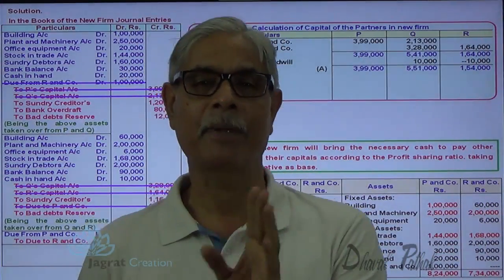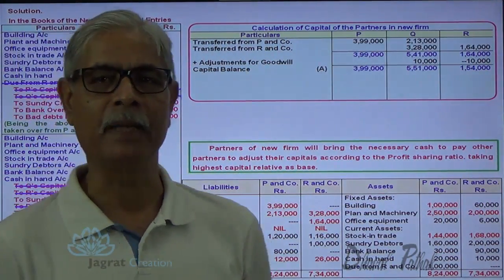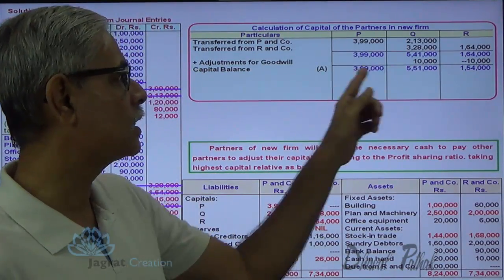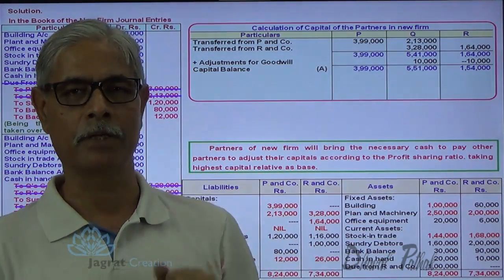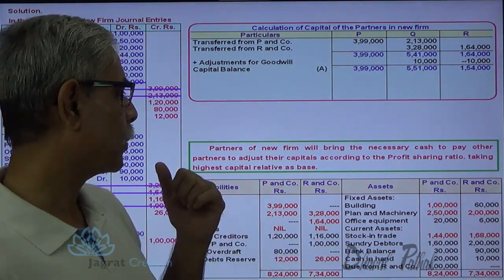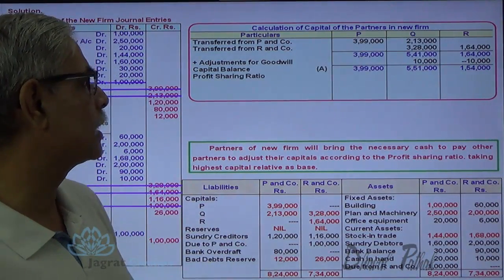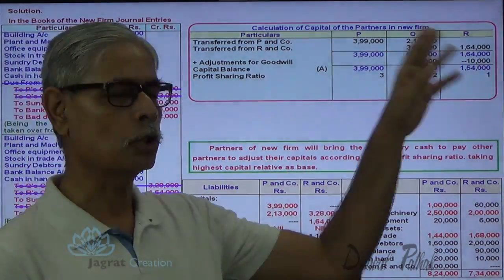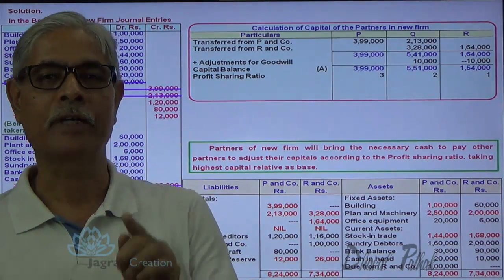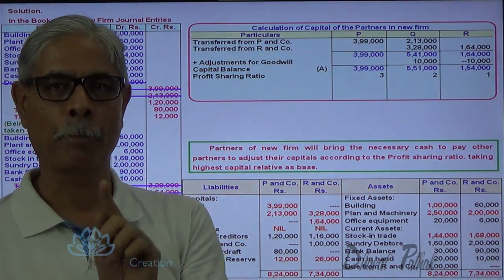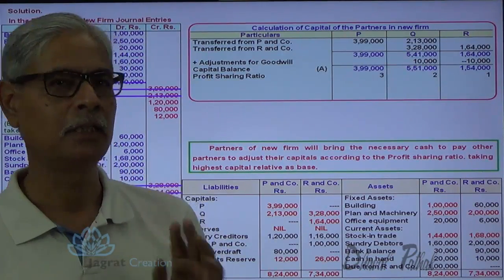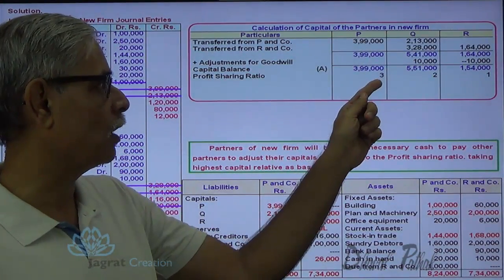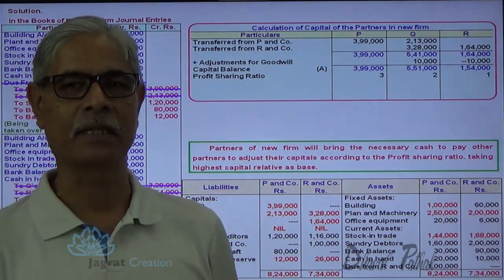Now, highest capital relative. What is the meaning of highest capital relative? This is the capital of the partners after amalgamation so far. The profit sharing ratio, as you know, is 3:2:1. So capital relative per unit of profit. For 3 units of profit, 3,99,000 is the capital.